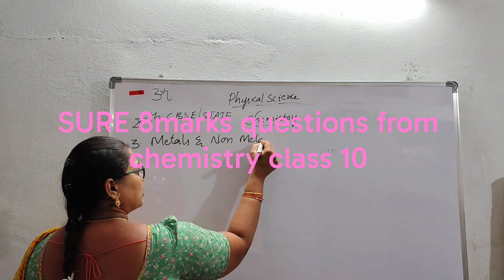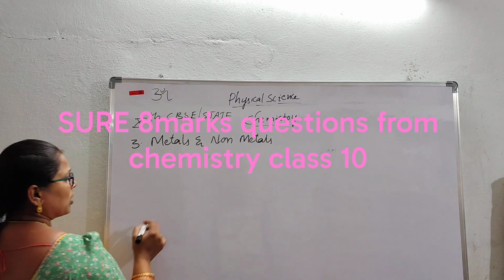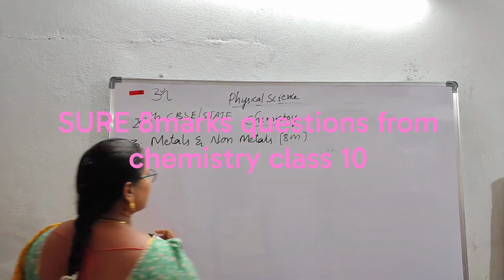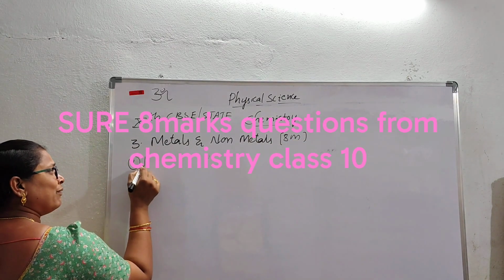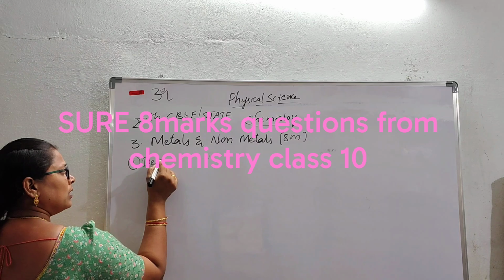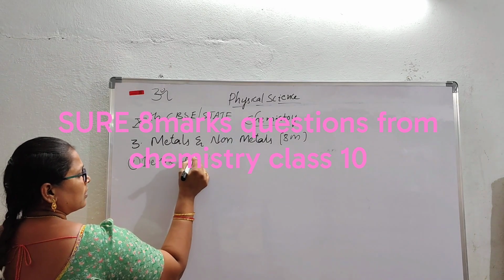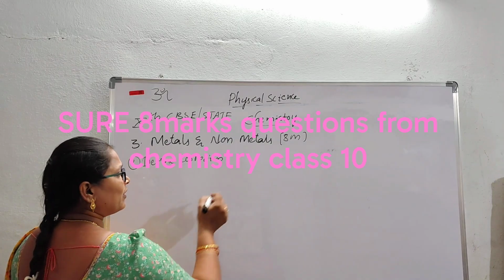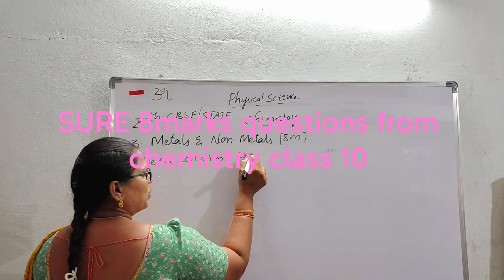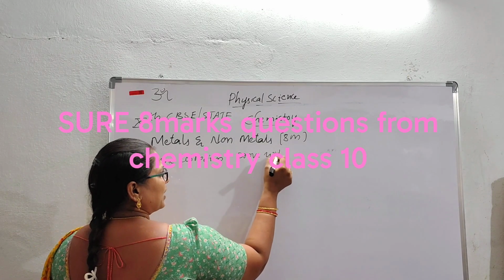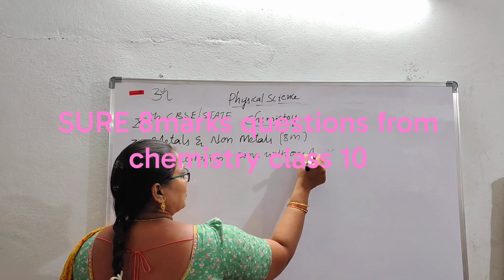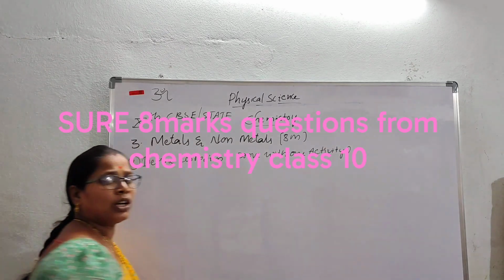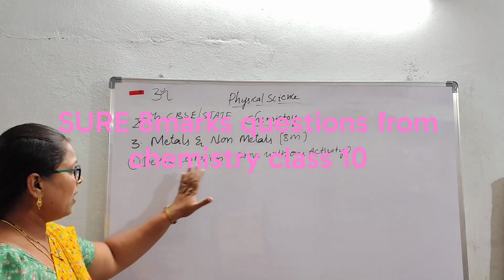What are the 8-mark questions from this lesson? First one is define corrosion and prove it with one activity.